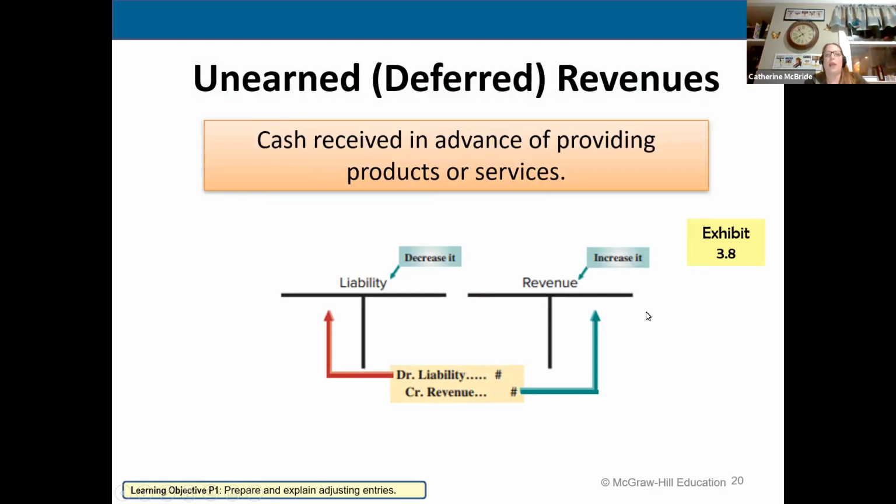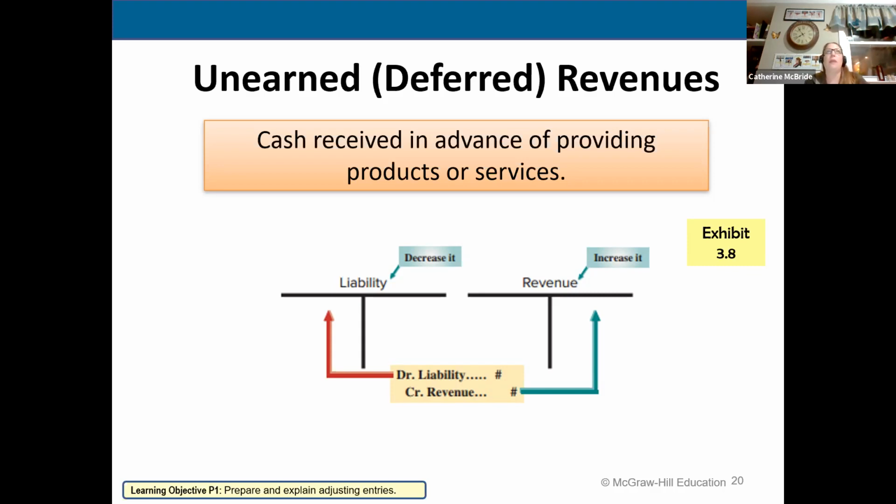All right, second type, unearned revenue. Unearned revenue or deferred revenue means that we put off recording the revenue or earning it, but we've already received the cash. We have the cash, but we deferred the revenue. Unearned revenue happens commonly when we receive a prepayment for a product or service.